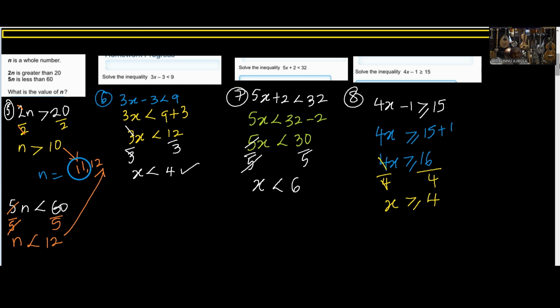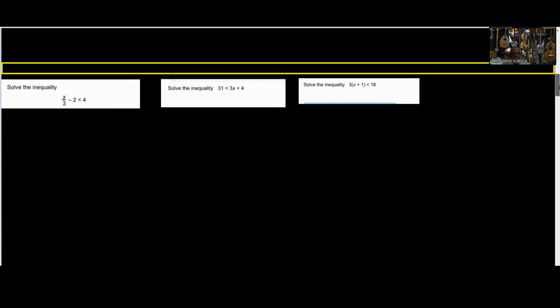So let me move to the last page or so. Now, looking at number 9, we have x over 3 minus 2 less than 4. Again, you move your 2 to meet the 4, it becomes positive 2. Less than 4 plus 2.